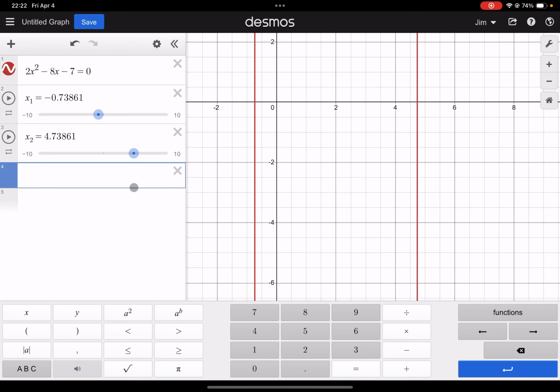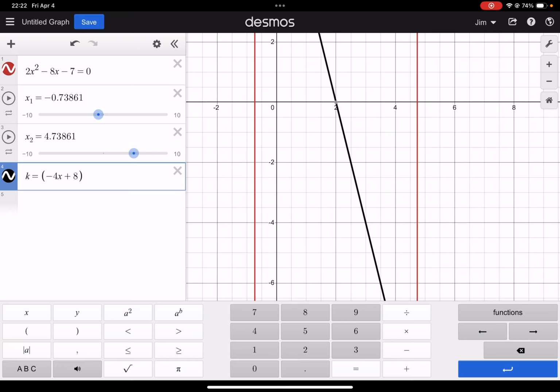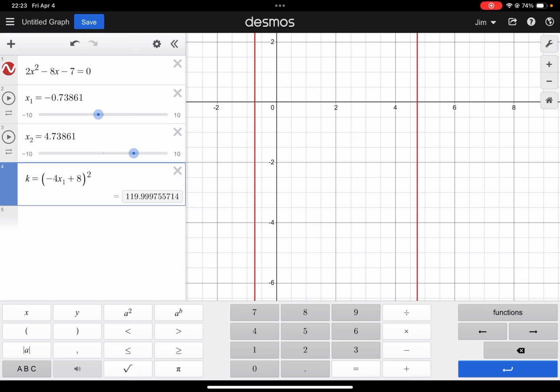Then we take that and plug it back in here, and we say k equals -4x plus 8, and all of that is squared. So this is what's going to give us k. Now we take our x values and make this our x sub 1, which was the root.